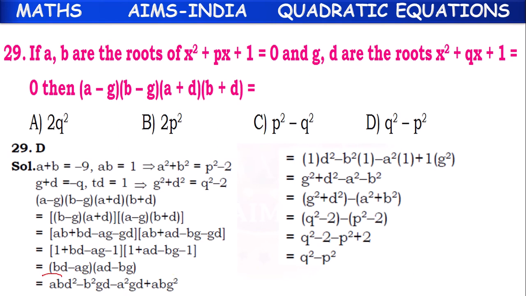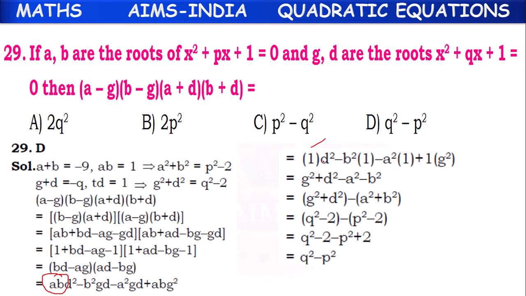Where the αβ value is 1, it will become 1·δ², and the γδ value is 1, so it will become β² into 1, γδ value again 1, it will become α² into 1, αβ value again 1, it will become 1·γ².